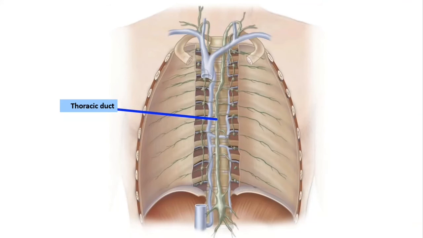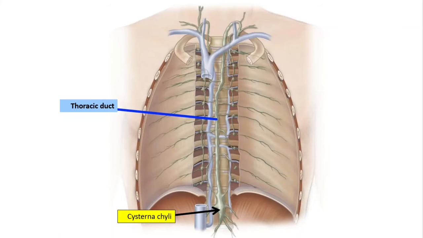What do we see in this figure? First of all, lymph below the diaphragm. That means lymph from the lower limbs, from the pelvis, from the abdominal cavity, will collect into a dilated area of lymphatic vessel called the cisterna chyli.